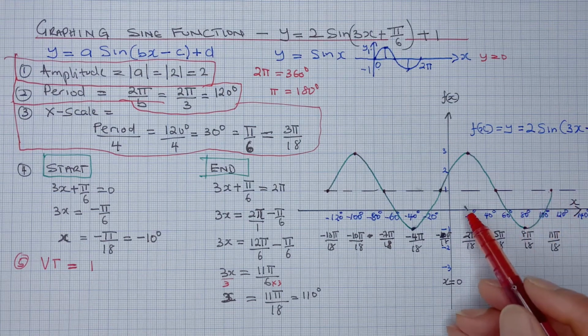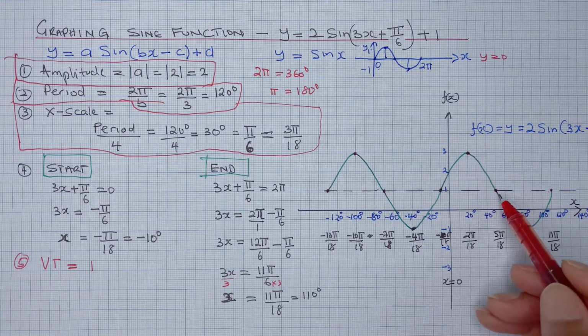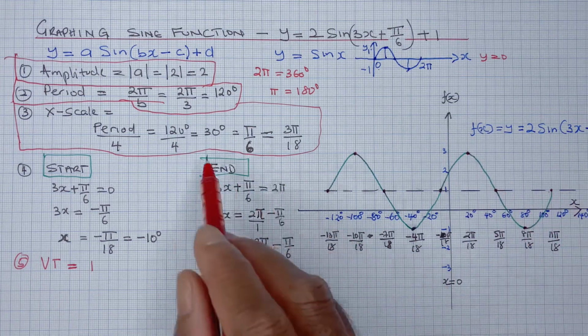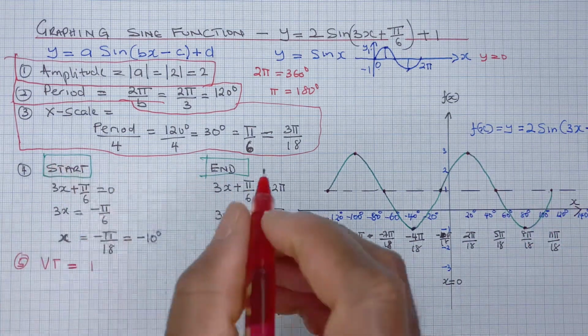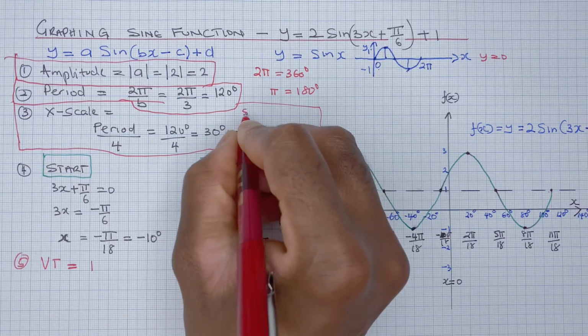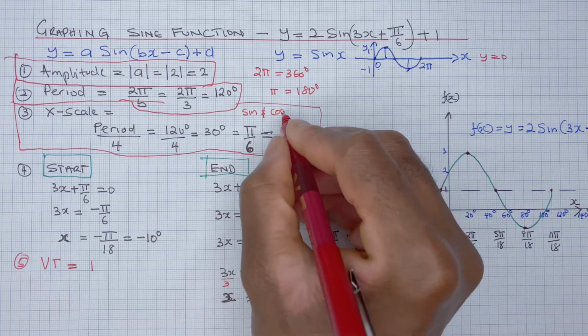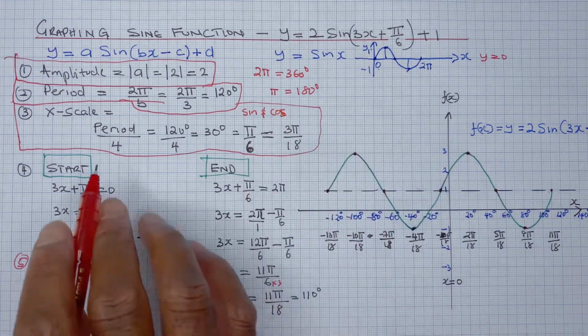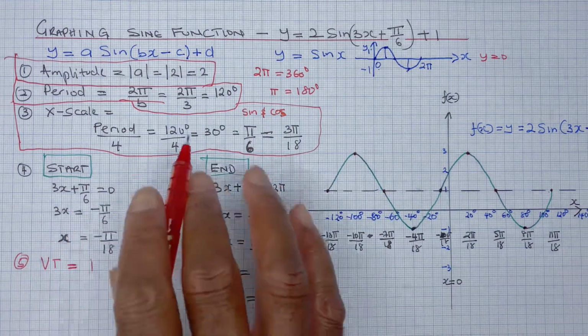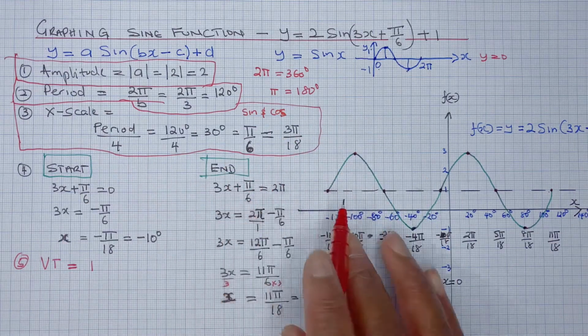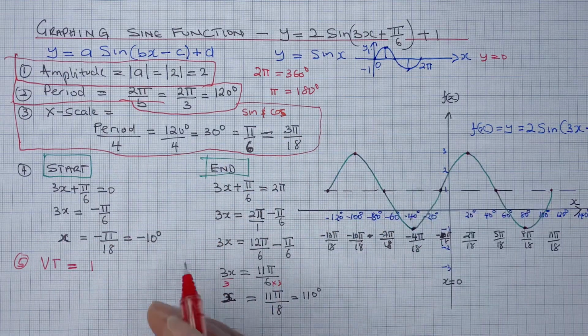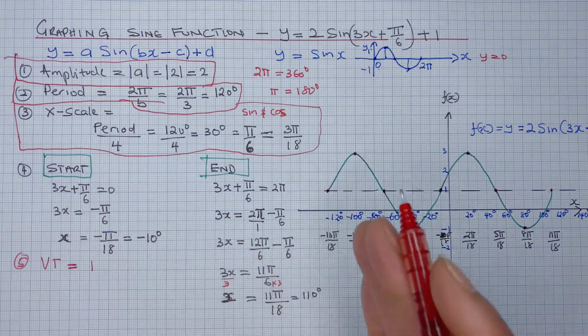So that happens 4 times: 1, 2, 3, 4. So that's why for sine and cosine, this only applies to sine and cosine. It's only for sine and cosine functions that you have to divide by 4. Take the period, divide it by 4, and then it will tell you how much you should be adding to the start till you get to the end.